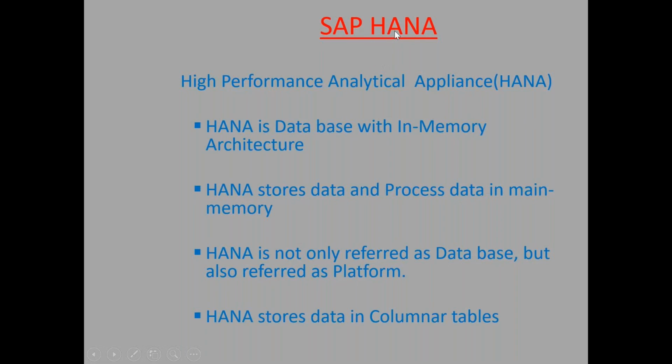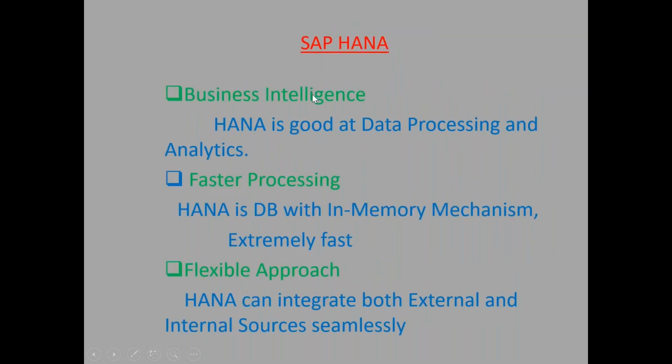So we started using HANA as a database right from version 7.3. Why are we using HANA? It has some basic strengths: one is business intelligence, another is faster processing, and the third is a flexible approach.